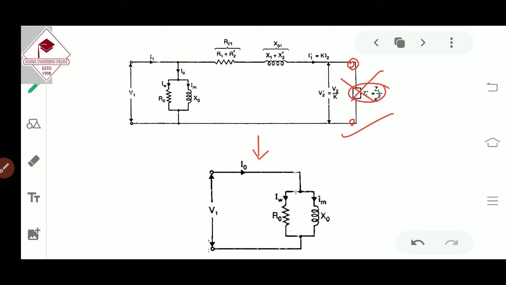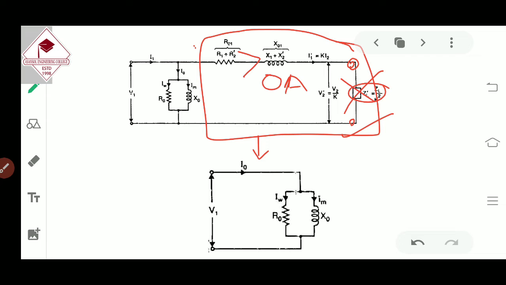If this is open circuited, no current will flow, so 0 ampere will flow. Since no current is flowing through this circuit, we can eliminate this circuit. Fine. So we will be left with only this circuit, which has been shown here.